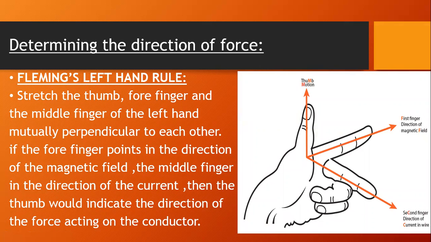So you see all three fingers are mutually perpendicular to each other, 90 degrees over here, 90 degrees over here and 90 degrees over here. So this is called Fleming's left hand rule. Fleming is the name of the scientist, and the rule is named to honor him.